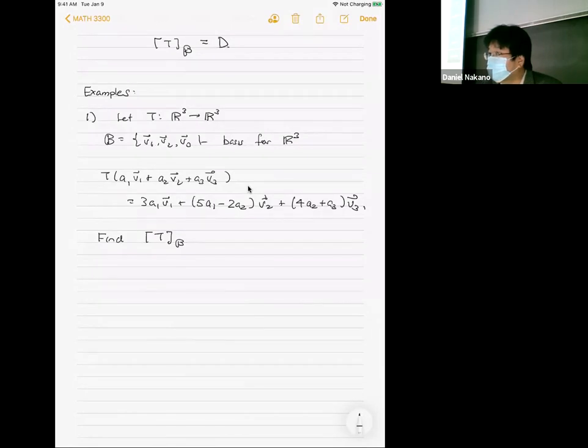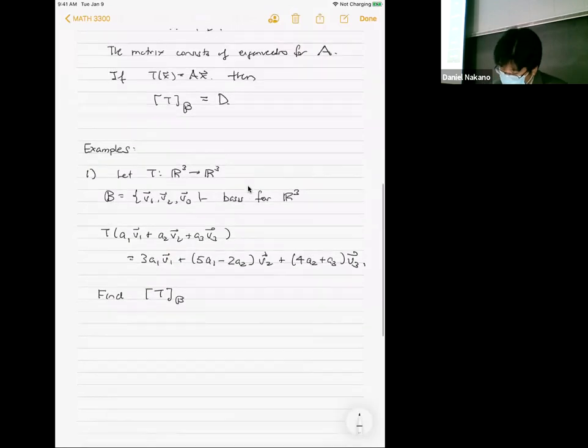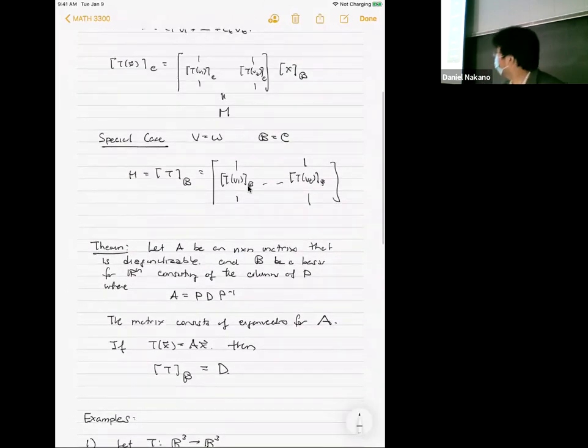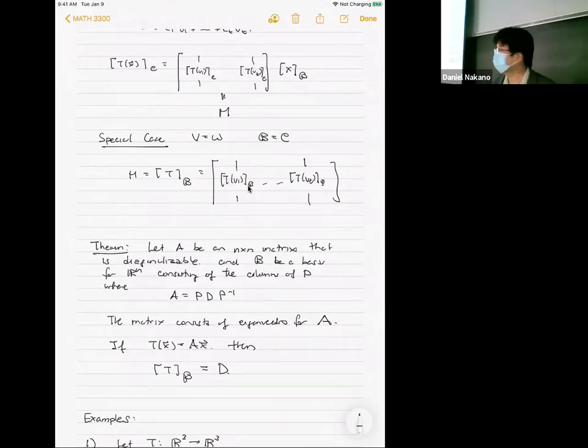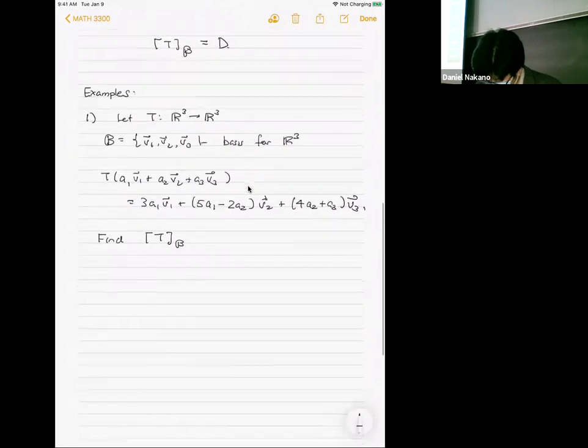In order to find T of beta, we have to write each of the vectors in terms of the basis. So you take the image T of V1, T of V2, and T of V3, and you write them in terms of the coordinates. Okay, so let's do that.